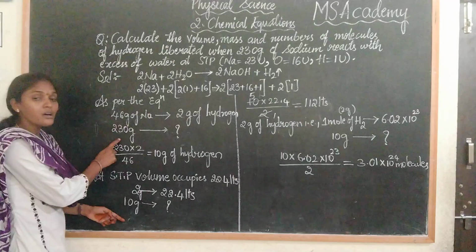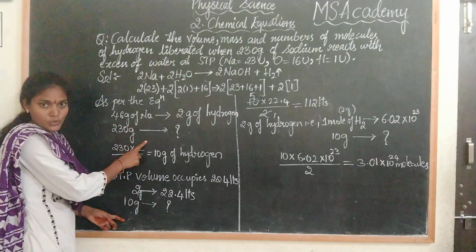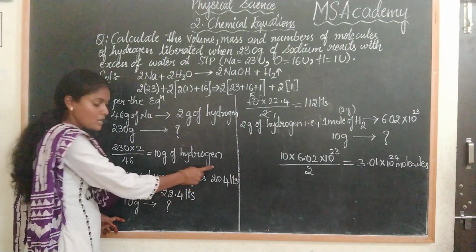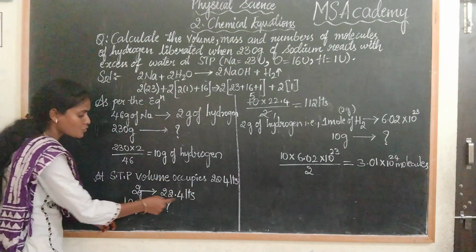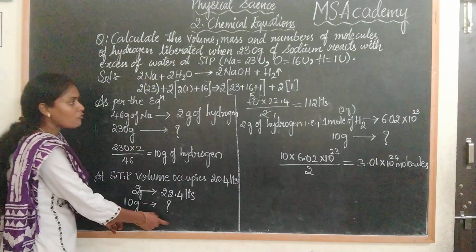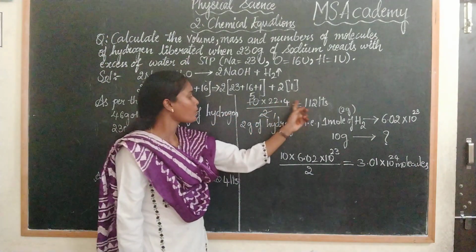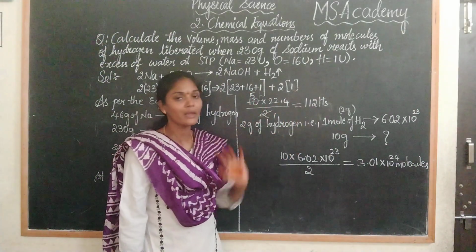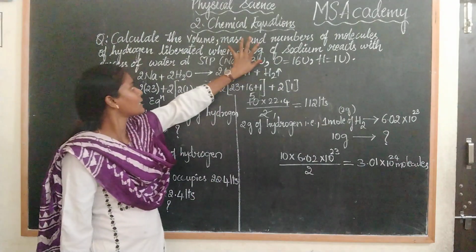Because we have taken 230 grams of sodium, and we are getting 10 grams of hydrogen. So if 2 grams gives 22.4 liters, then 10 grams will be 10 into 22.4 by 2, which gives 112 liters. In this way we have calculated the volume.